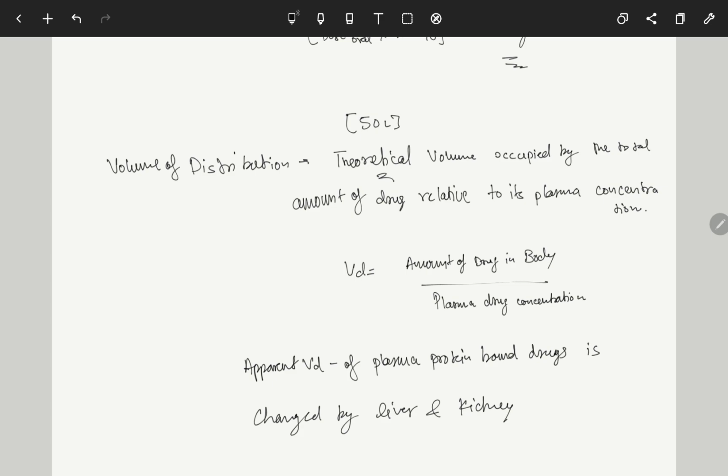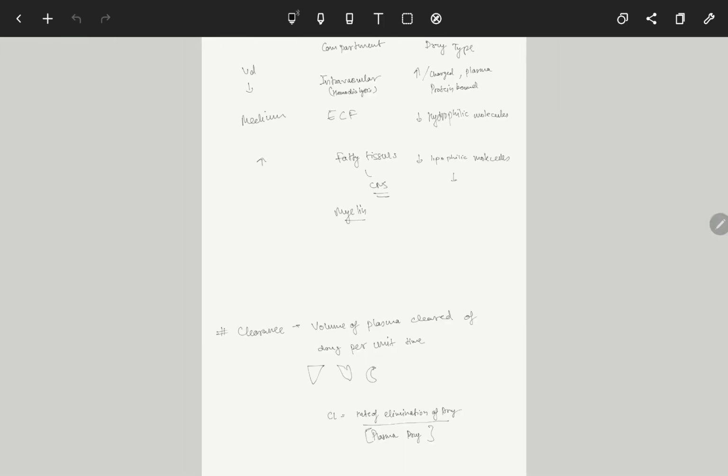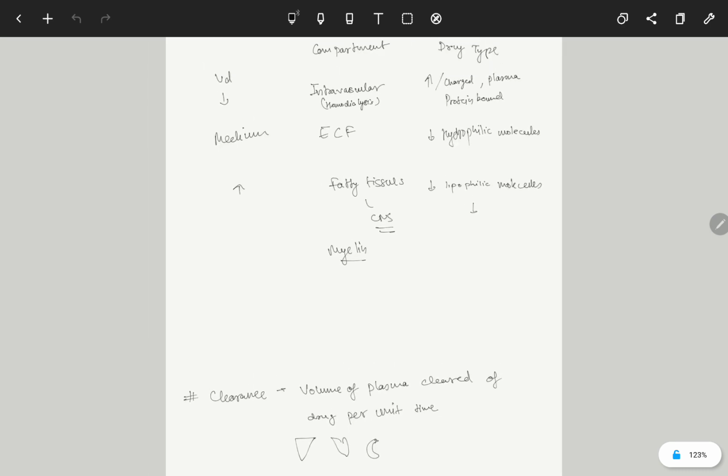When drugs are primarily plasma protein bound, the apparent volume of distribution can be changed by the liver and kidney, because the liver can affect the metabolism and the kidneys can eliminate. So this concept is basically theoretical. Don't be confused by it. It becomes more clear later on.